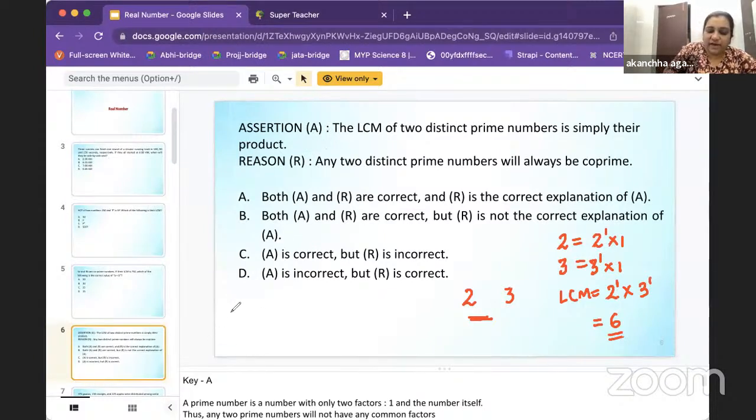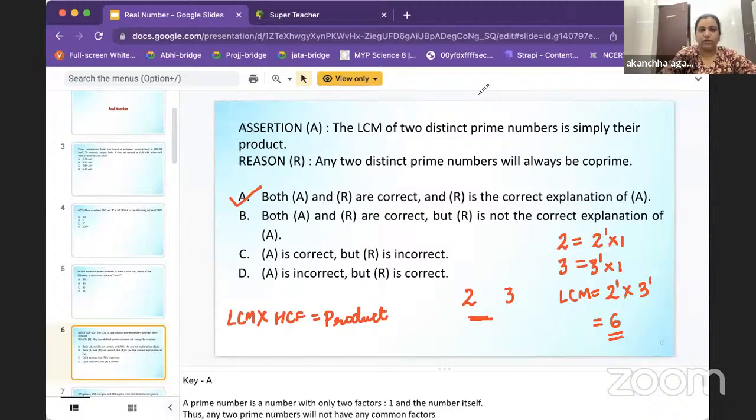It can be verified by the law that LCM times HCF is equal to the product of two numbers. So the statements are true, and we get the answer as A, which specifies that both A and R are correct, and R is the correct explanation of A.